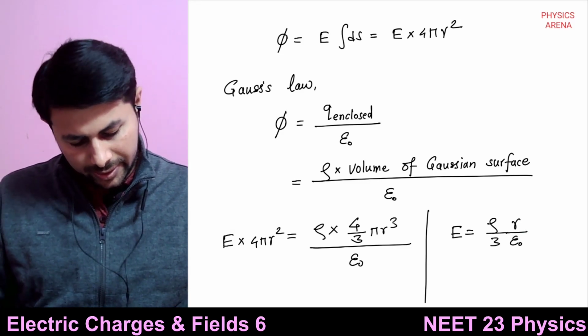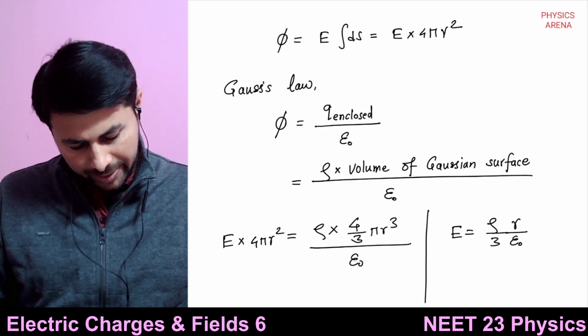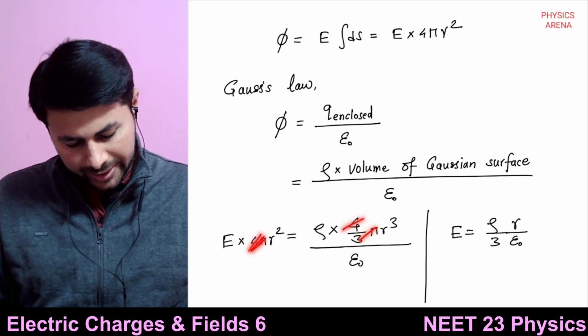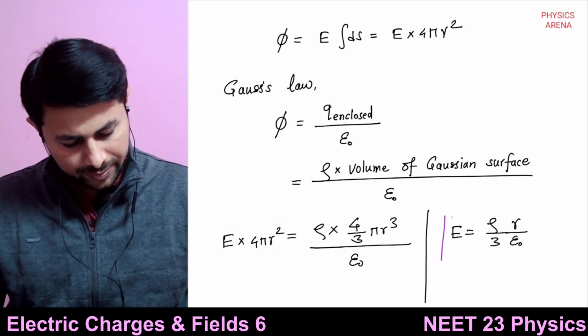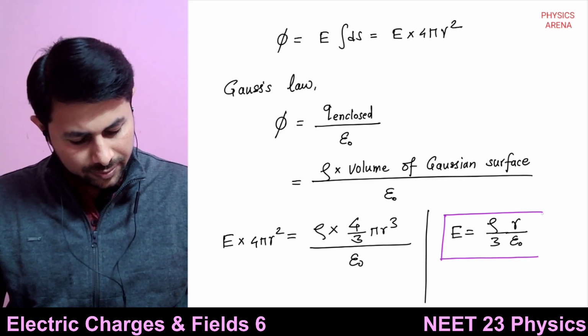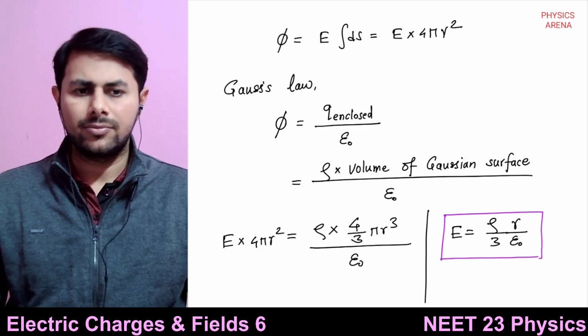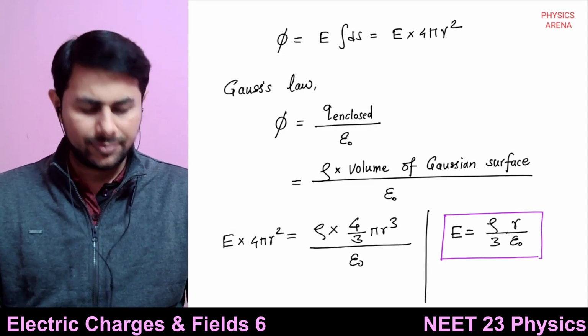Rho by 3 r divided by epsilon naught, because 4 pi and 4 pi will get cancelled and r cube divided by r square is r. Okay, so this is the formula. Got it? Yes, no?